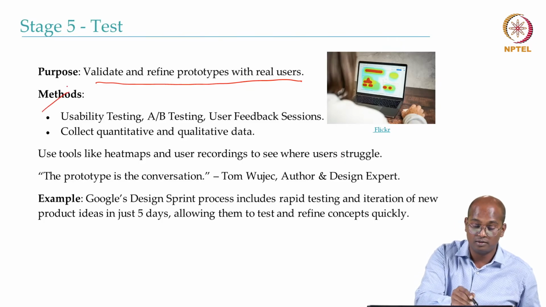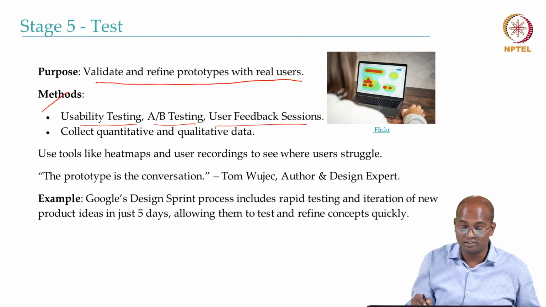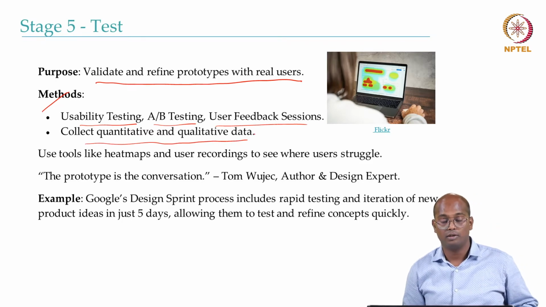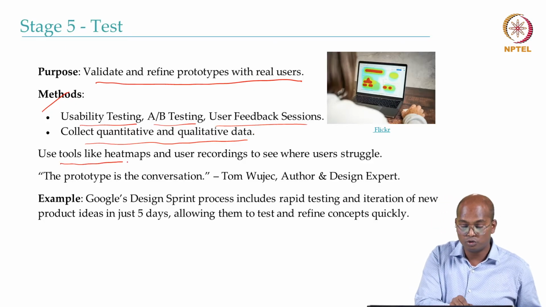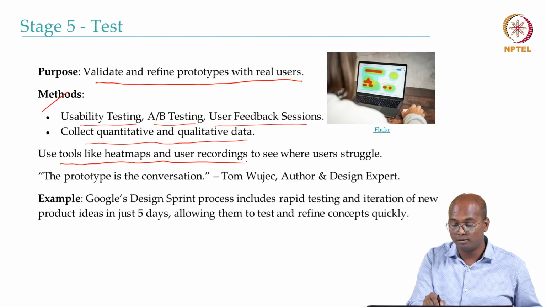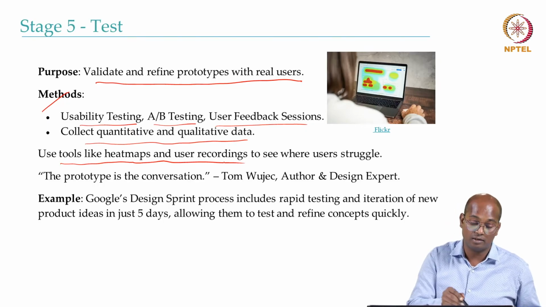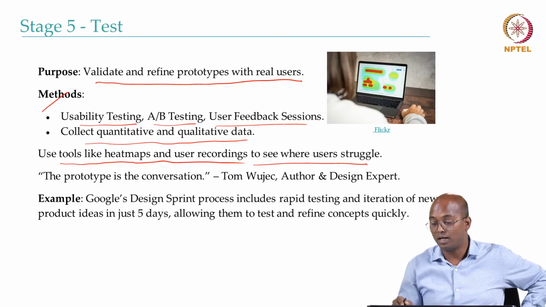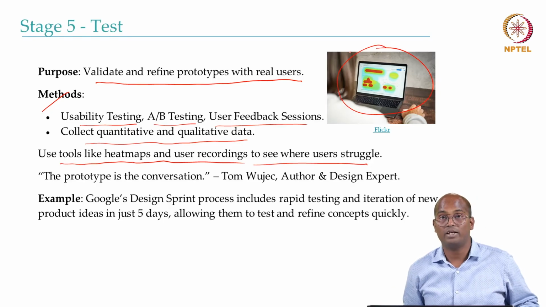There are methods such as usability testing, A/B testing, and user feedback sessions, and you collect qualitative and quantitative data to do the validation. You can also use tools like heat maps and user recordings to see where users struggle. In this case, you can see this is the interactive website you might have built.